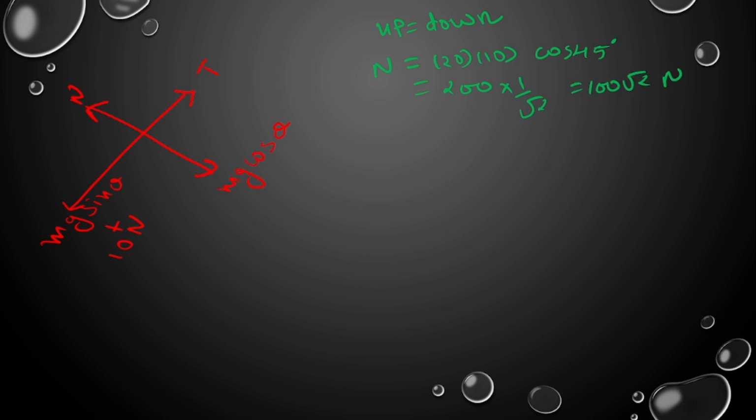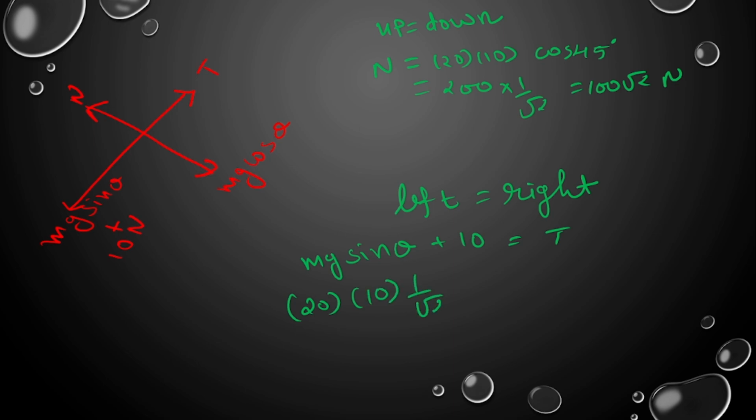And left equals to right. So left is mg sin theta plus 10 equals to tension. 20, 10, sin 45, 1 upon root 2, plus 10 equals to tension.